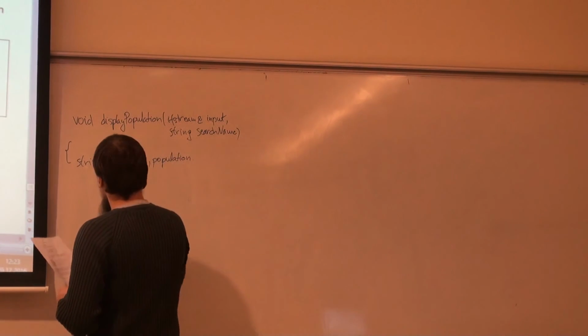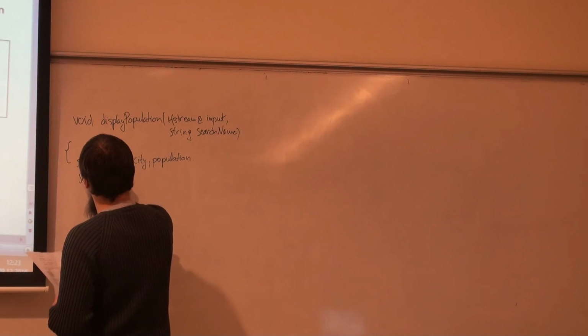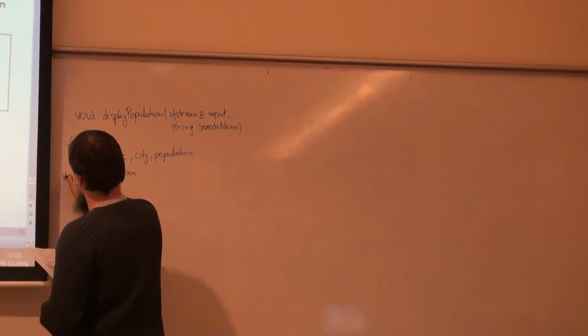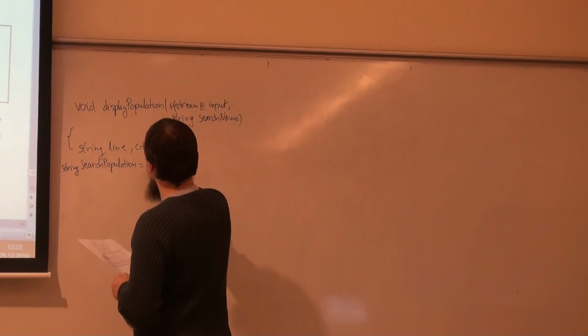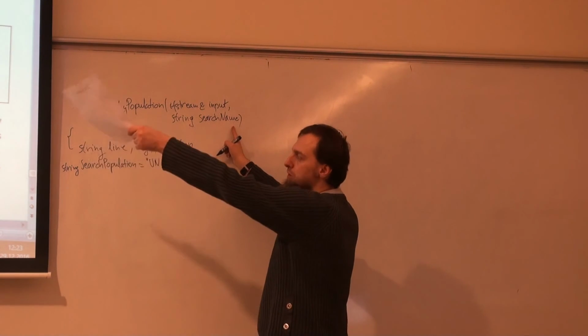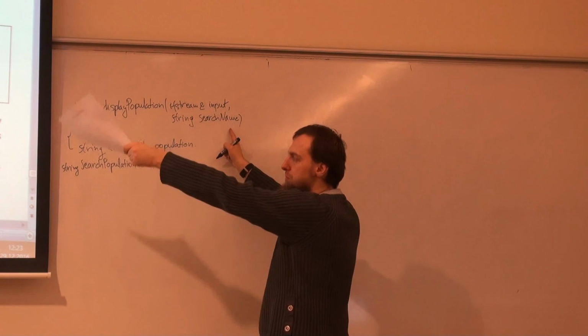Initially, search population is going to be, it's also a string. It's going to be unknown, meaning search name should be one of the cities there. If I find it, then the search population will be the population of one of those cities.